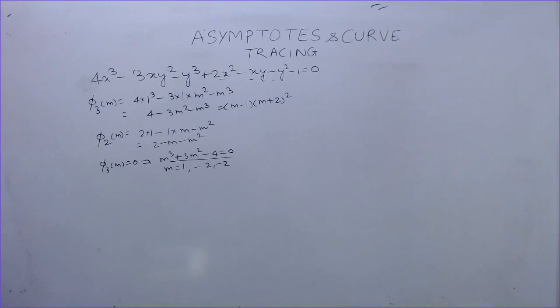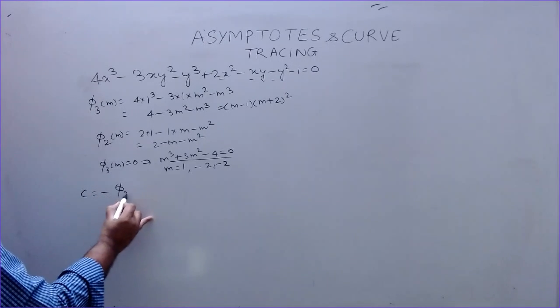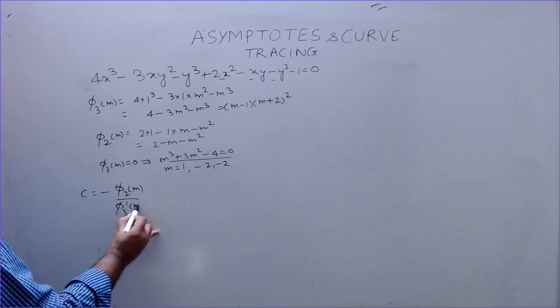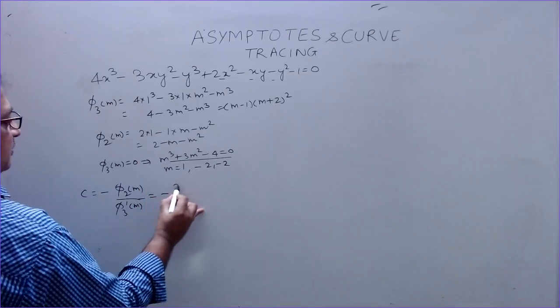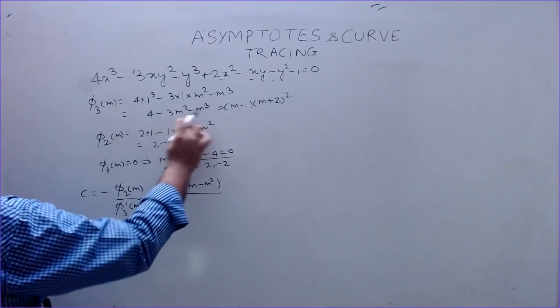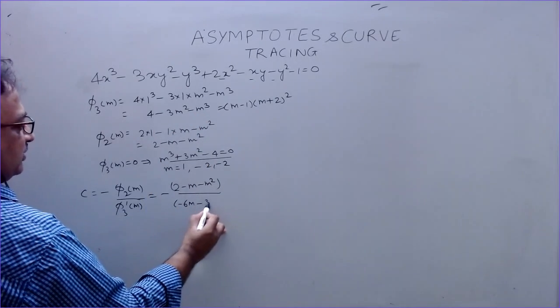Now we have to find the value of c. So c is equal to minus phi 2 m by phi 3 dash m. So this is minus phi 2 m, and phi 3 is this, so its derivative is minus 6m minus 3m square.